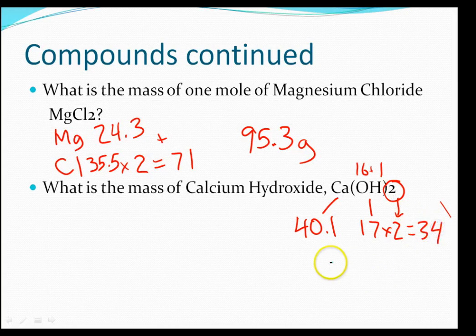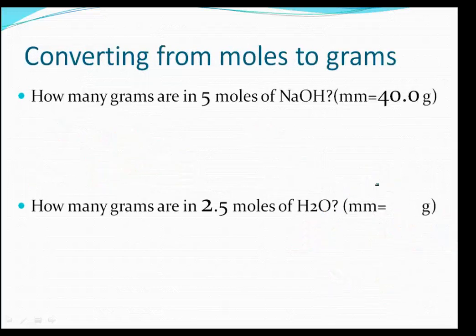When I add those up, I'm going to get 74.1 grams. Again, I'm adding up my 40.1 and my 34. So I'm adding up everything just like I did. The only difference is now I've got a parentheses and I'm just doubling however many grams I've got inside that parentheses.